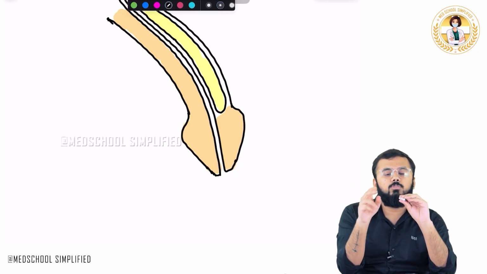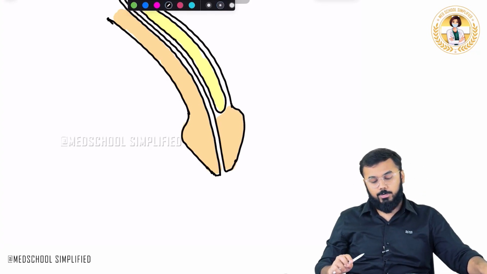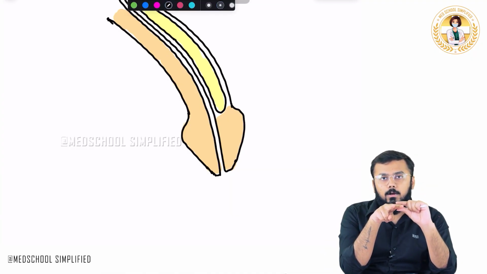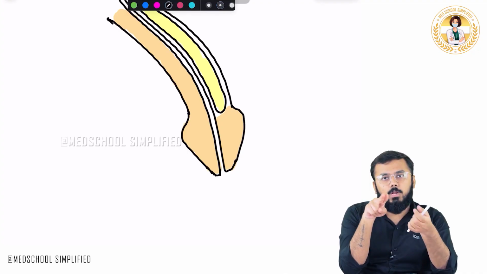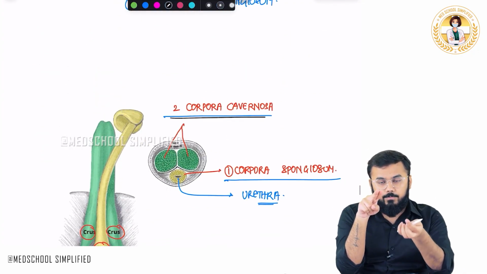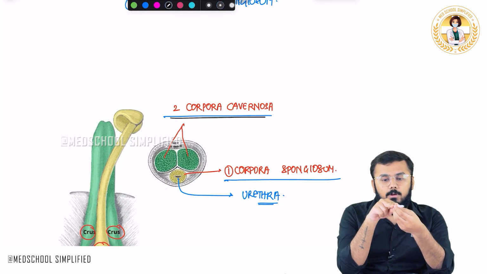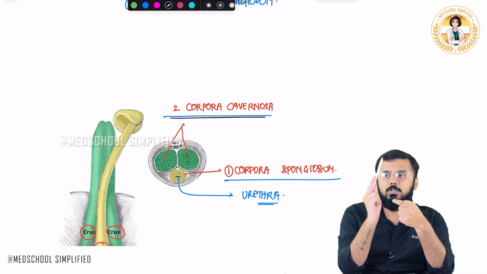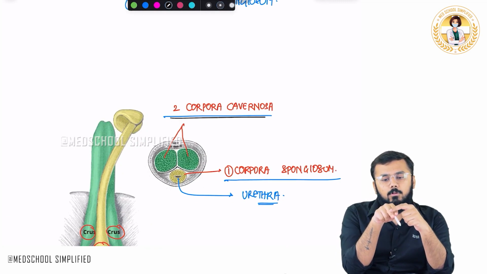Or else let me show it to you in this way. Let us say this is your corpora cavernosa and this is another corpora cavernosa. So two corpora cavernosa, where are they? They are on the top. And down here, what do you have? Down here, I have corpus spongiosum. This is the structure, right? So two corpora cavernosa on the top.